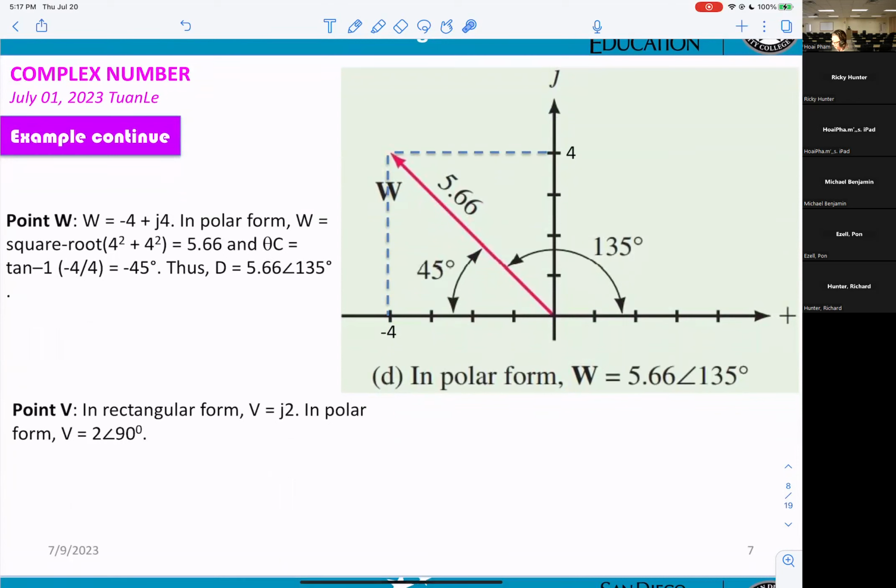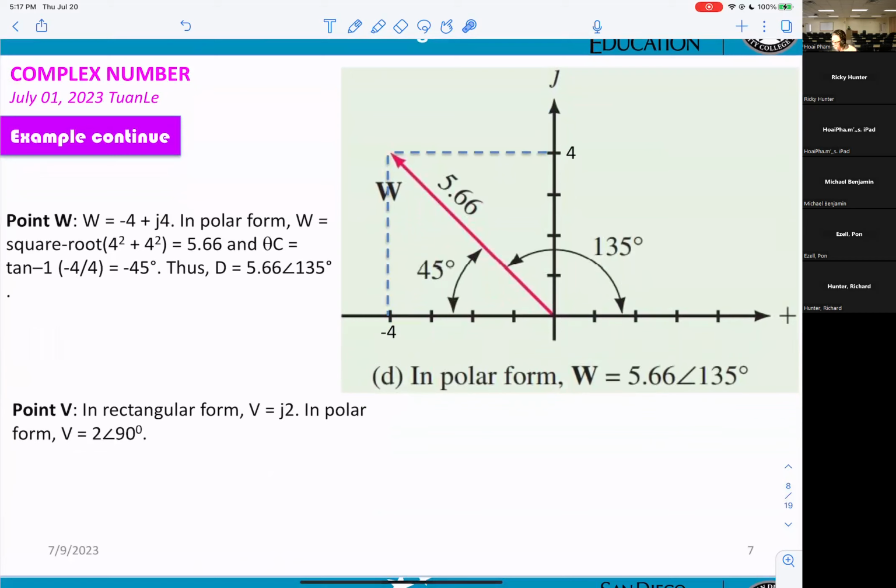Now when W goes in here, you get J4. Going down, the real part will be minus 4. So W will be minus 4 plus J4 for rectangular.